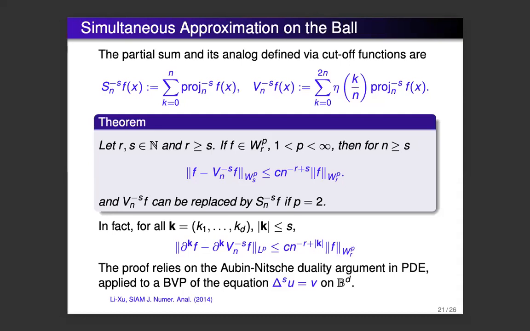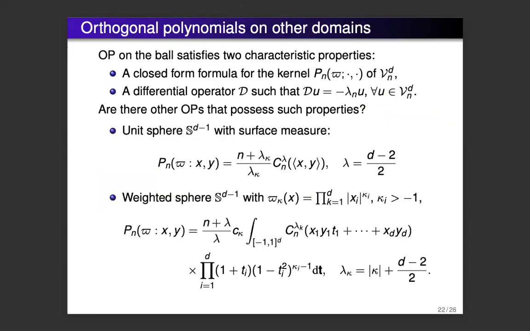So we usually want to have structures. What kind of structure can hold? For orthogonal polynomials on other domains, the most important properties for the ball are probably the following two: a closed form for the reproducing kernel of Pn, and a differential operator such as Du equals negative lambda nu.